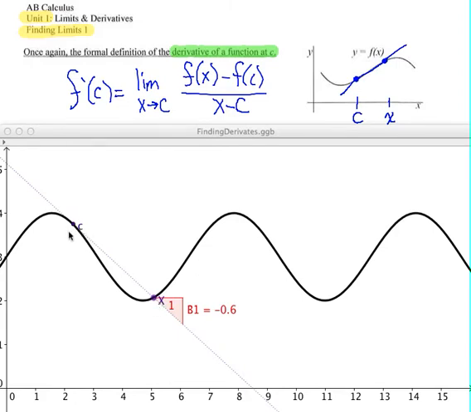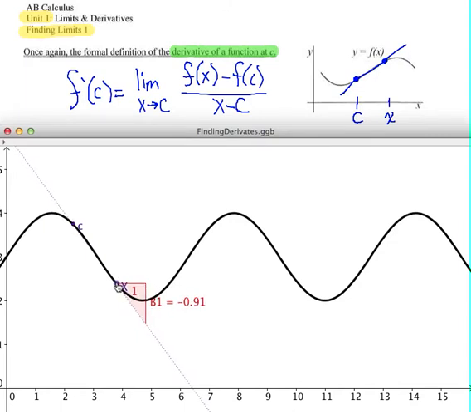Here's my point that I'm interested in. I have my second point over here. The x coordinate of this point is c. The x coordinate of this point is x. I'm taking this point and I'm moving it in, bringing it in closer and closer to c.